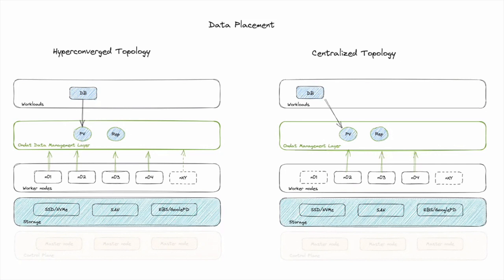In that case, we use hyperconverged topology. That is the default mode, and it's as simple as placing data in the same nodes where we run applications. Why? Low latency. Aside from being simple, it also gives us the capacity to run applications really close to their data.